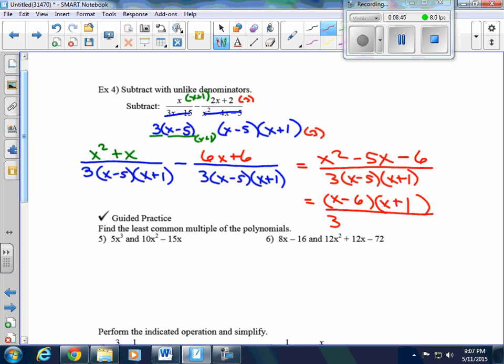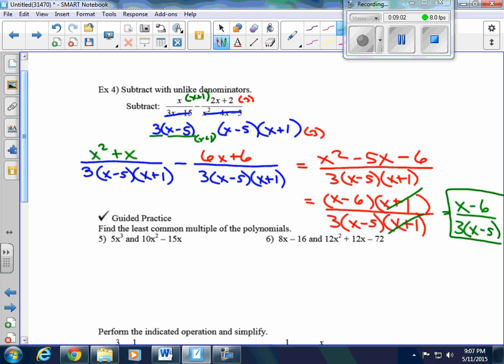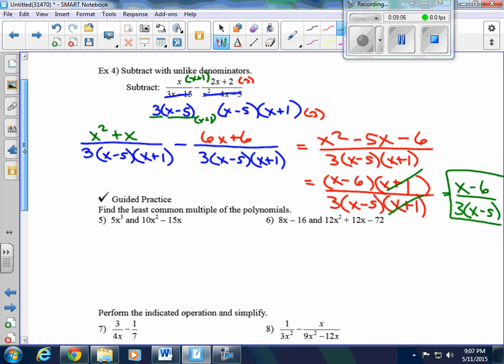This is 3, x minus 5 and x plus 1. And if we notice here, the x plus 1s will cancel out. And we're going to be left with x minus 6 over 3 times x minus 5. And there's the answer for example 4.